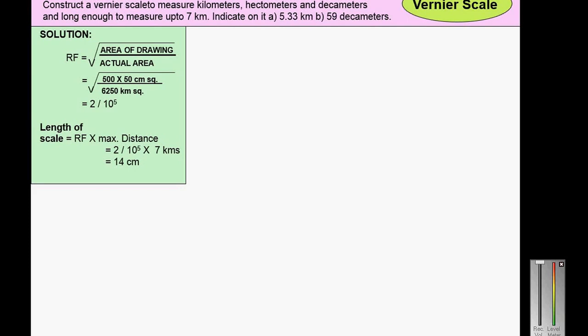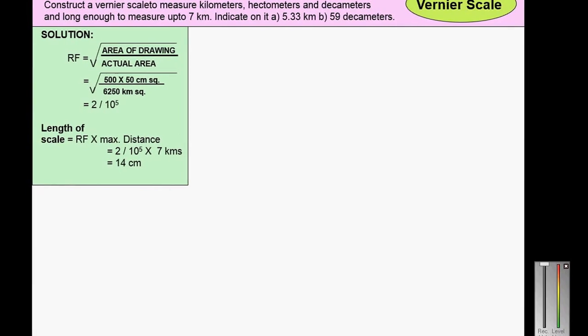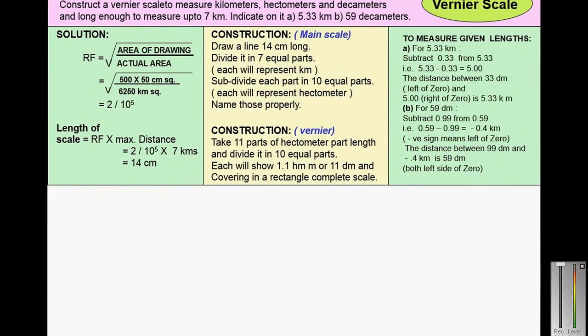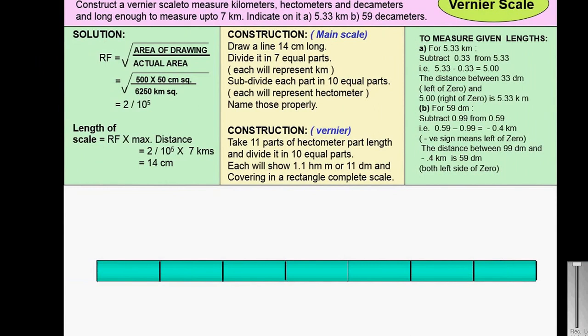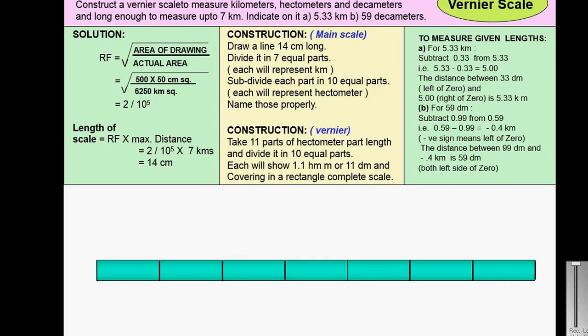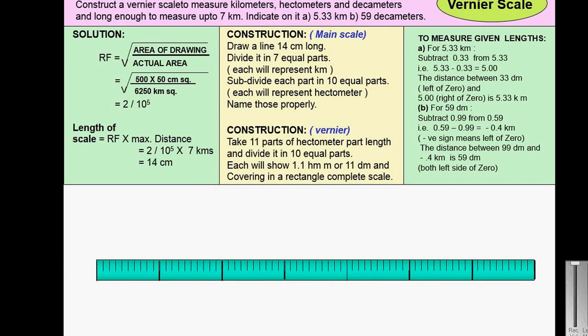The length of the scale is RF into the maximum length to be measured, so you will get 14 cm. Draw a line of length 14 cm, and divide that main scale into 7 equal parts, each division representing kilometers. Subdivide each part into 10 equal parts, which represent hectometers.